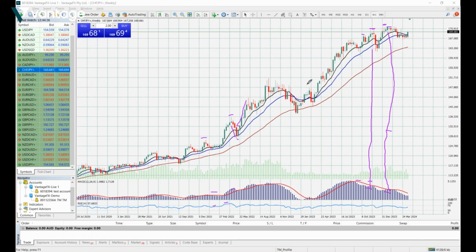Okay, so this is a quite nice example of this idea, and we can start looking at other elements. We can see here, for example, we still have convergence through and through. And yes, in this case, we didn't have a pullback and a bullish candle in the buy zone. But if I drill down into the daily chart as an example, and maybe the daily chart gave me a setup to enter, then I know that I've got the backing of the momentum and the trend of the higher time frame.